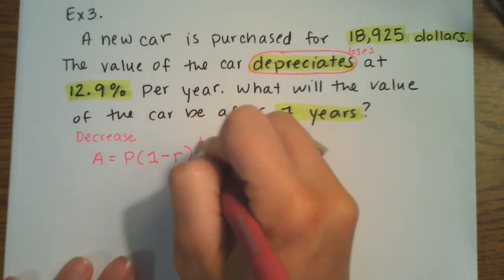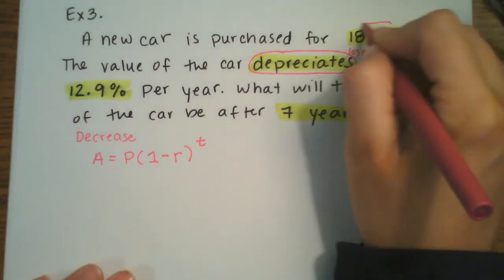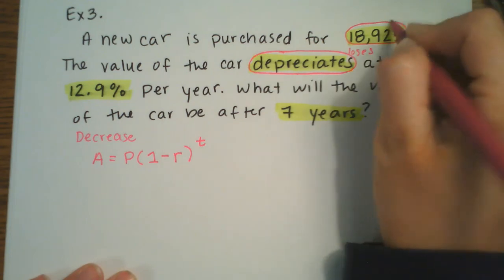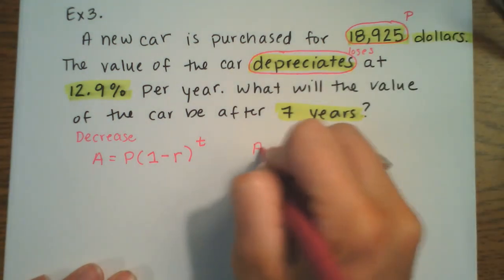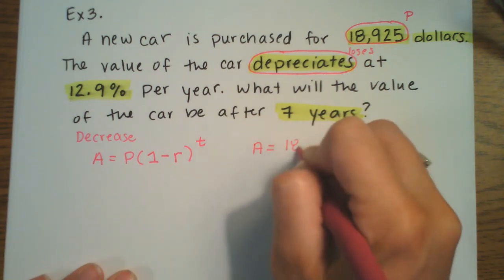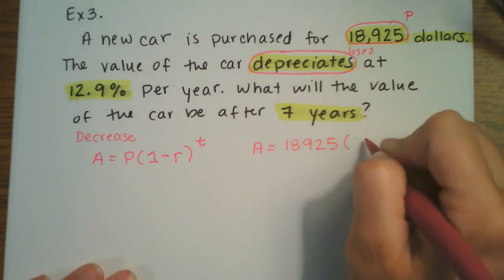Because the cars will lose value as you nick and ding them along the way, or maybe you have an accident or whatever. Cars lose value. They're not worth as much as when you first started. So our initial amount is P. So A equals 18,925 times.